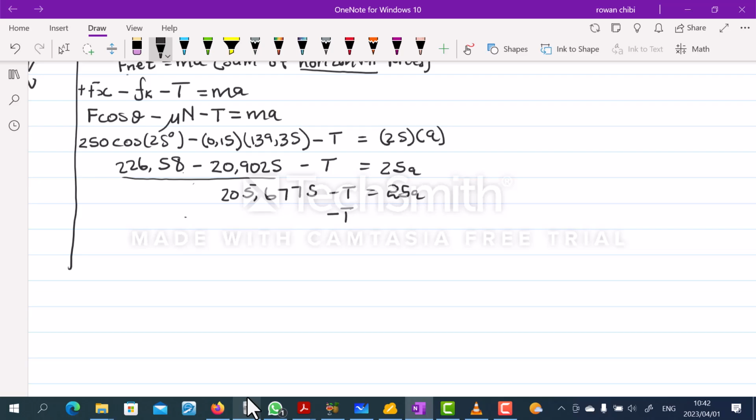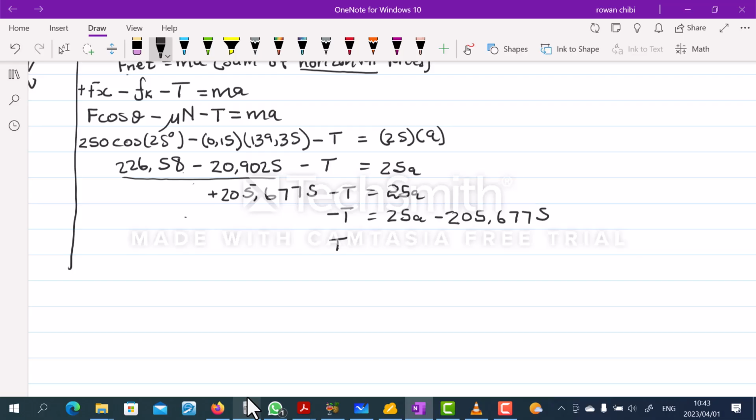Let's take the value to the right. So we have 25a minus, remember this one is positive on the left, so on the right it's going to be negative 205.6775. Then let us now divide by this negative.